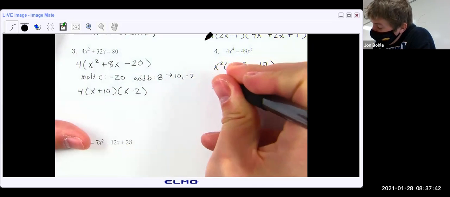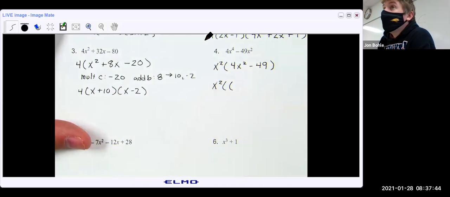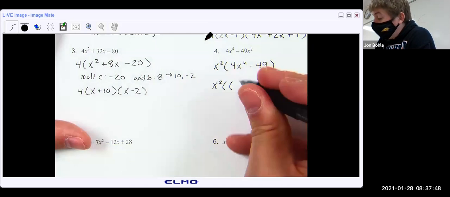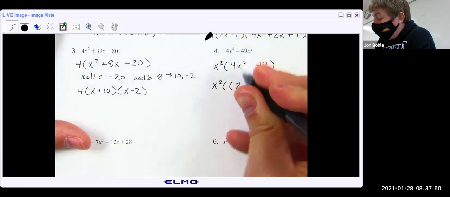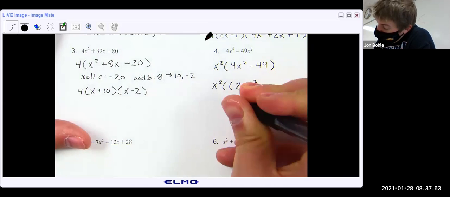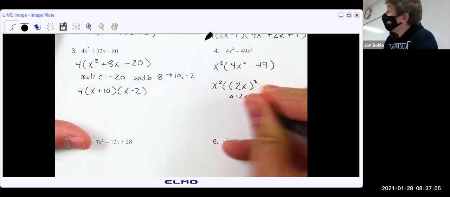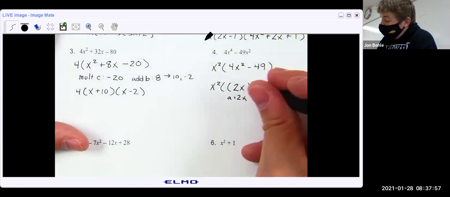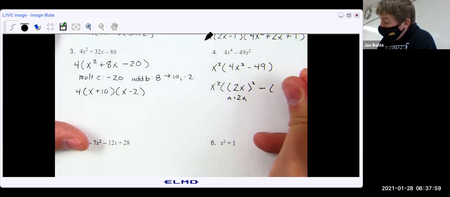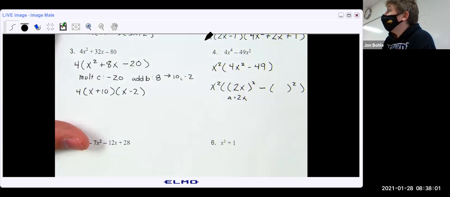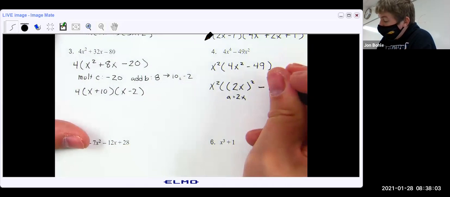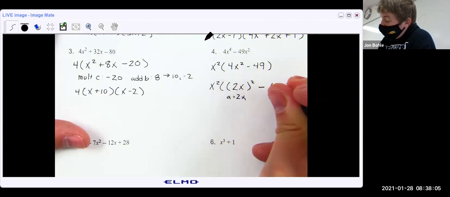What is the root of 4x squared? 2x. The root of 4 is 2, and the root of x squared is x. So now I have an a value of 2x. Is 49 a perfect square? It is. What's its root? 7. So I have a b value of 7.